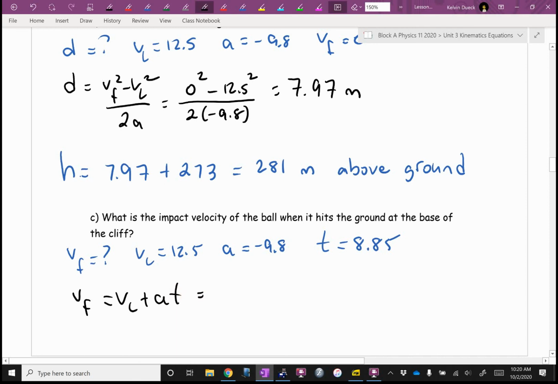Are we expecting a positive answer or a negative answer here? Which way are we traveling when we hit the ground? I'm hoping to get a negative answer. Let's find out. 12.5 plus negative 9.8 times 8.85.